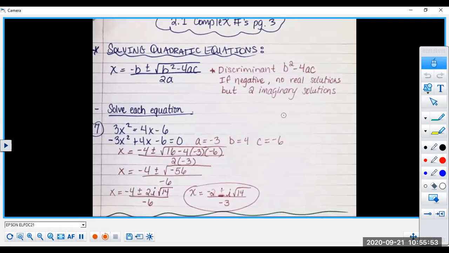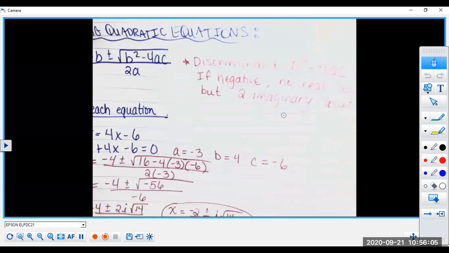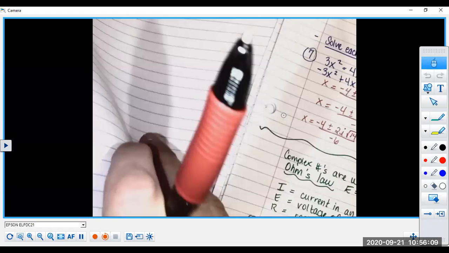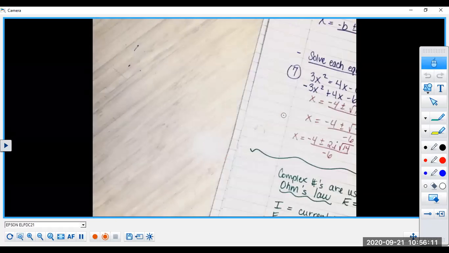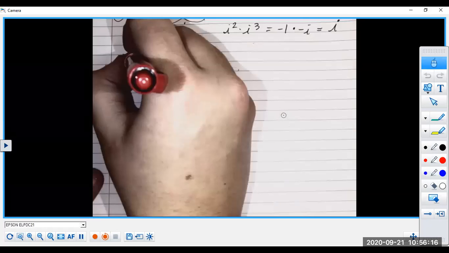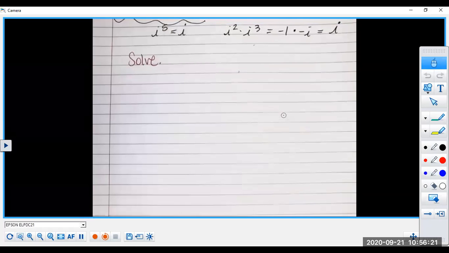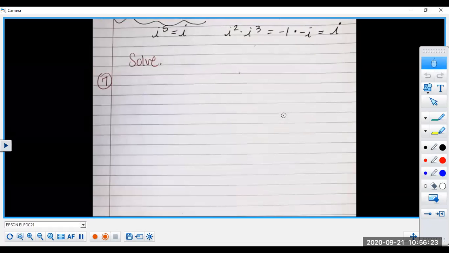Okay, when you're solving quadratic equations, what do you have to make sure it's set equal to? Do y'all remember that? And this is number 7 in your notes, on page 3.